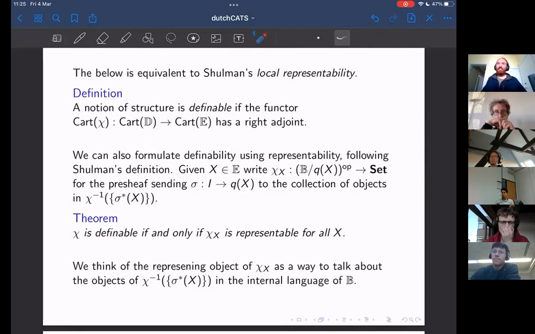I don't know if that helps, but that's the intuition. So the representing object corresponds to the structure on X, and because the representing object is in the topos, we can talk about it in the internal language. Right. Okay, thanks.